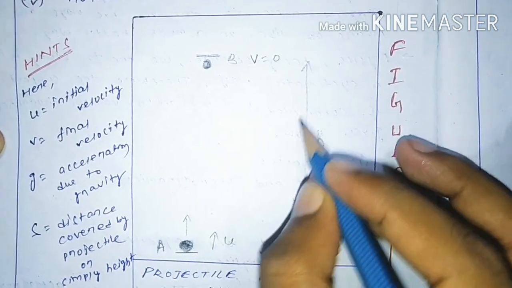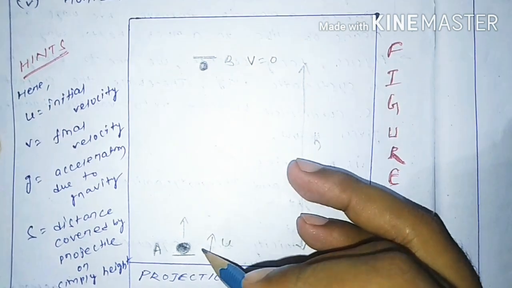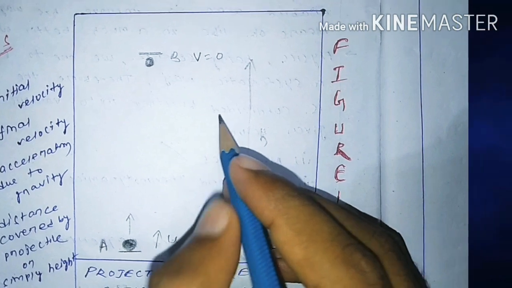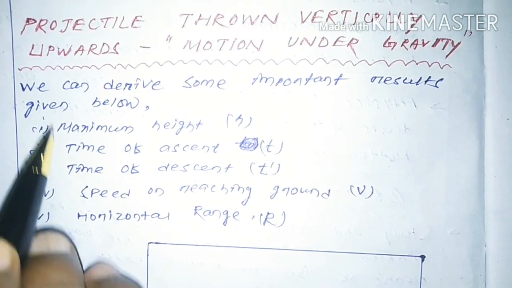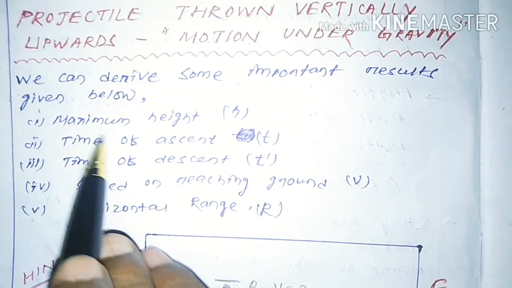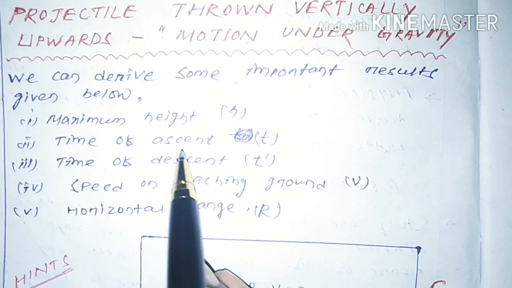So this is the maximum height covered by the projectile from A to B. Now we can derive some important results. First of all, we can calculate the maximum height covered by the projectile.